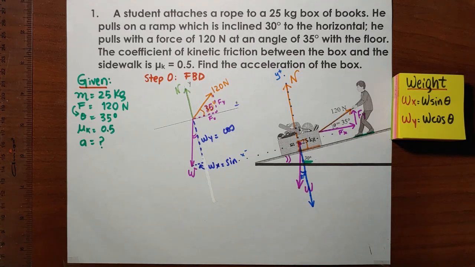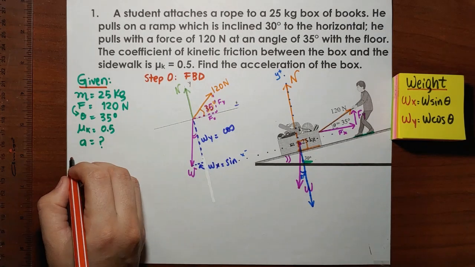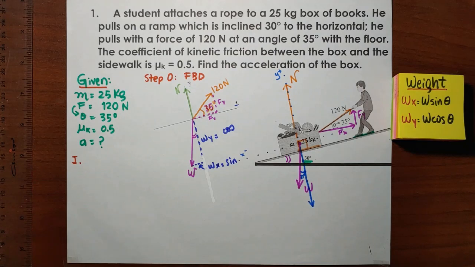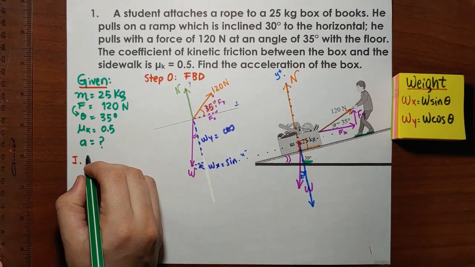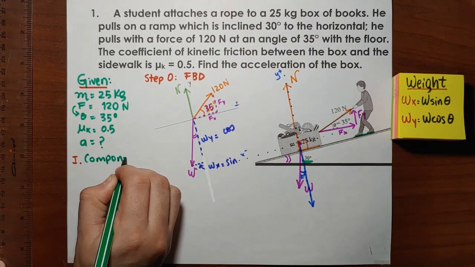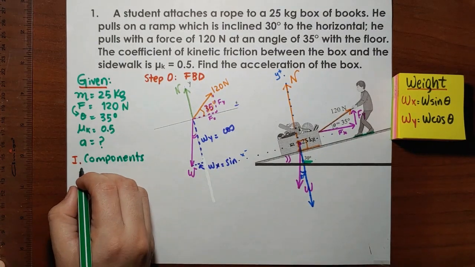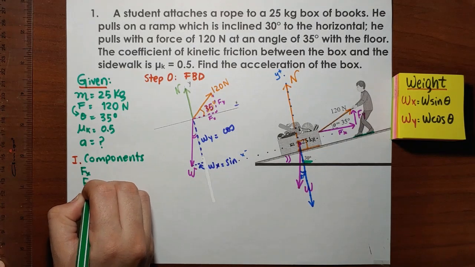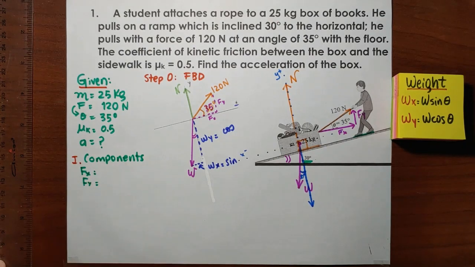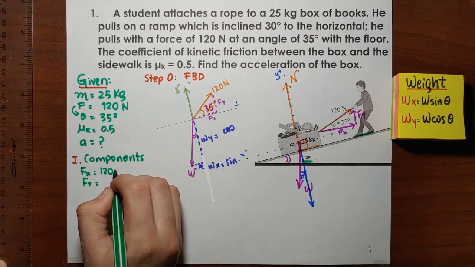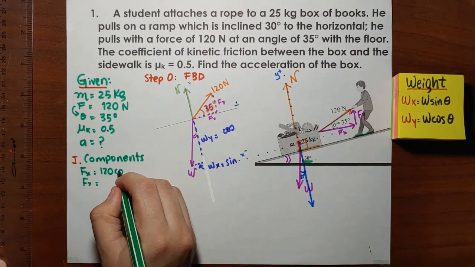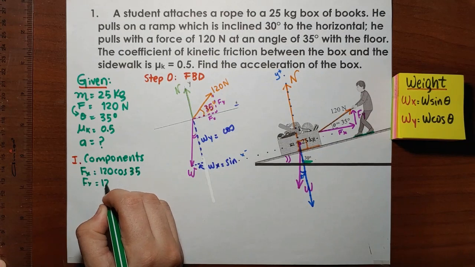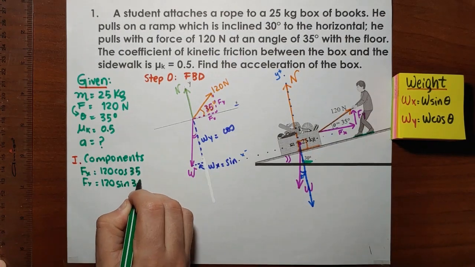Now, the next process is a process that you already know so well, where my first step is to calculate the components. In my first step, I calculate the components, and it's going to be Fx and Fy: 120 cosine of 35 and 120 sine of 35.